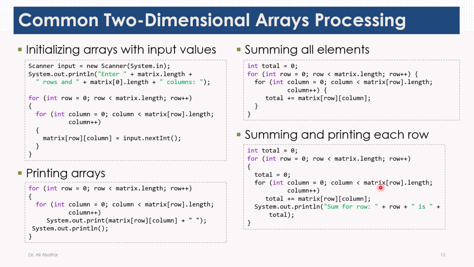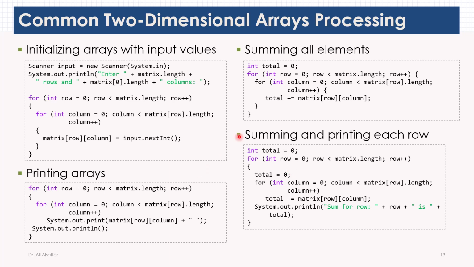We go over the elements one by one, and we find the total. After we finish, we print a message saying that the sum for row 0 is equal to the answer. In the next iteration, for the next row, we have to initialize the variable to 0 to find the summation of the new row. If you don't initialize it, then you will have the same situation as summing all elements, and total will be used for finding the summation of all integers in the array.